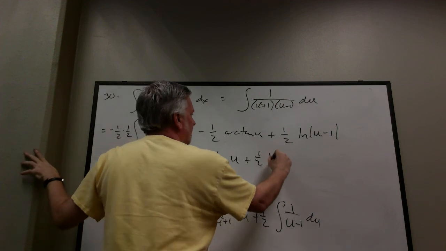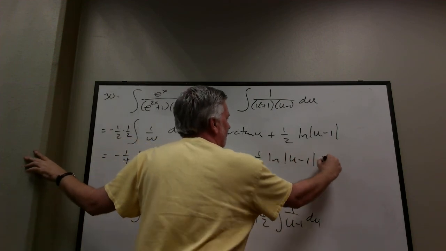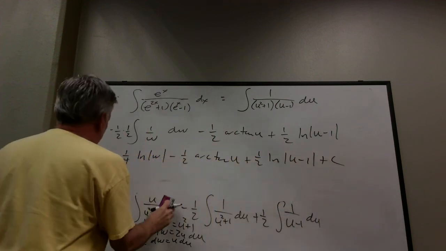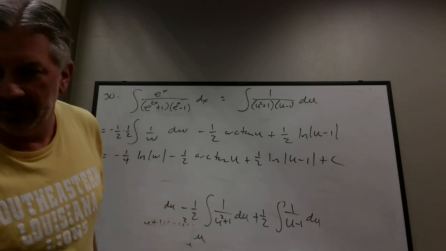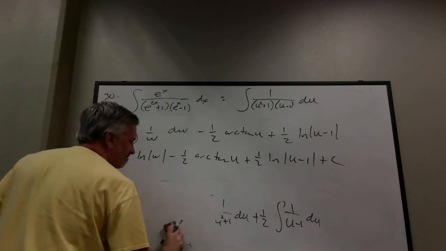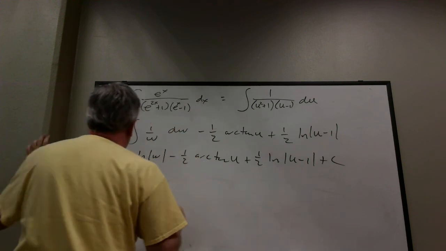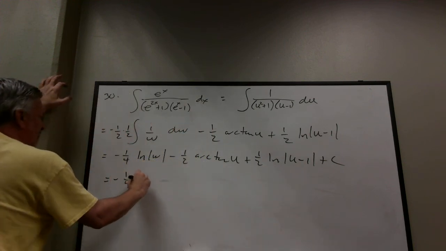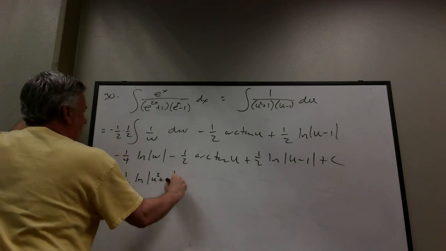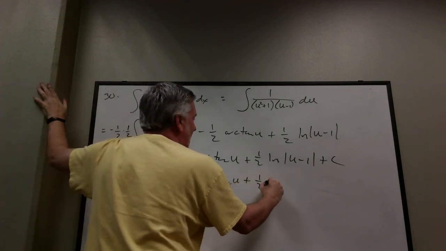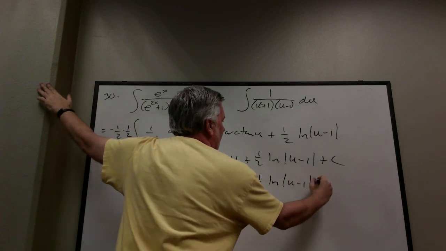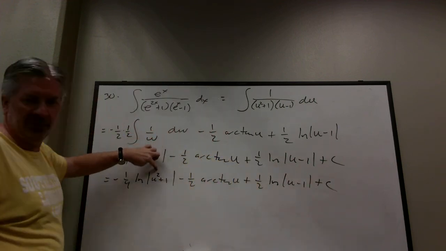And the rest I'll just recopy. Now I have to put the plus c. Oops, w was u squared plus 1. So I'm just getting everything back to u's. All I did was rewrite w as u squared plus 1.